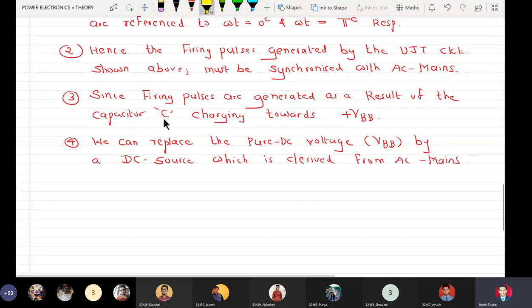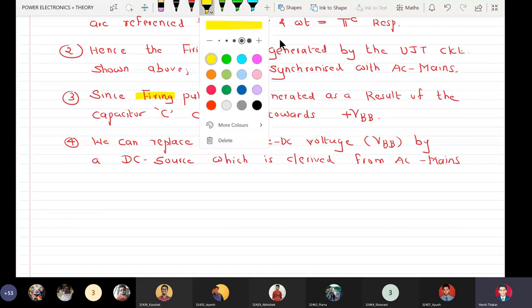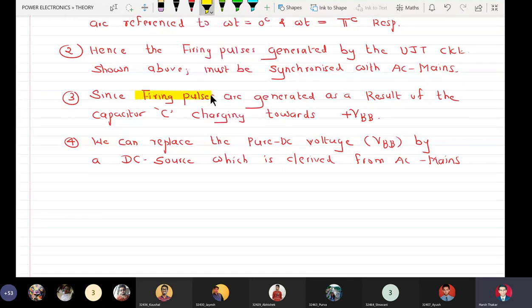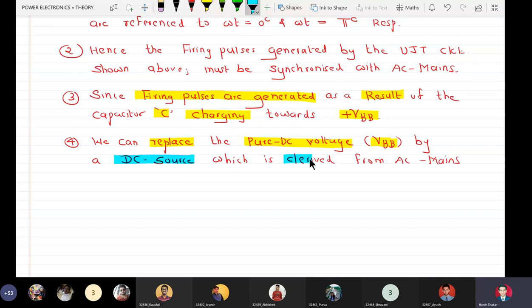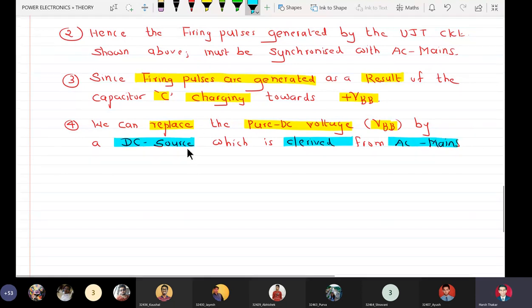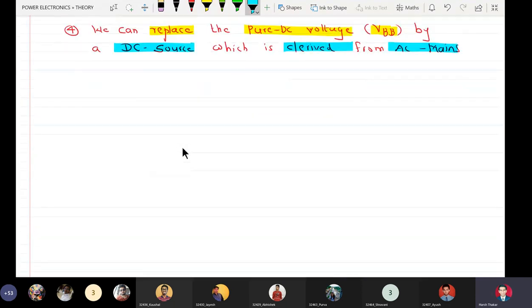This is very important. Since firing pulses are generated as a result of capacitor C charging towards VBB, we can replace the pure DC voltage VBB by a DC source derived from AC mains. That is, we have to use a rectifier here. Okay, so this is how it is.